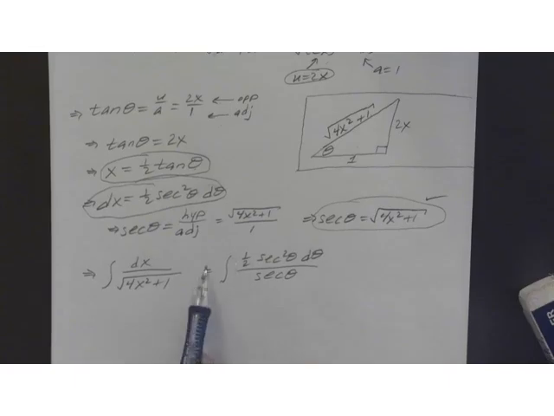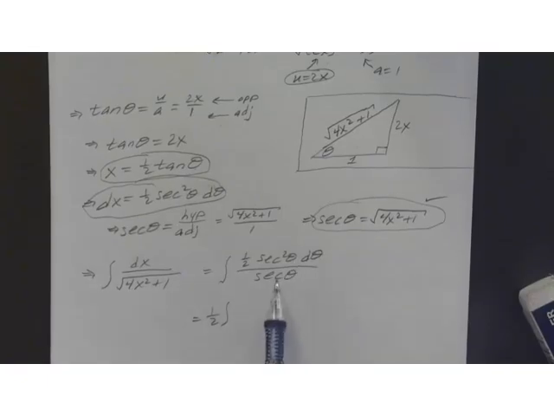So that 1/2, we can go ahead and just factor that right out to the front. And secant squared divided by secant is just like saying x squared divided by x. So secant squared divided by secant is just secant with respect to theta.